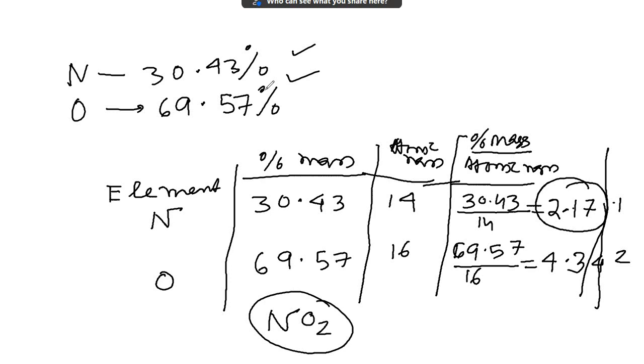Now after that, the molecular weight of the compound is given as 92. Determine the molecular formula. Now in the empirical formula we have 1 nitrogen and 2 oxygen atoms. So molecular formula is equal to N into empirical formula.